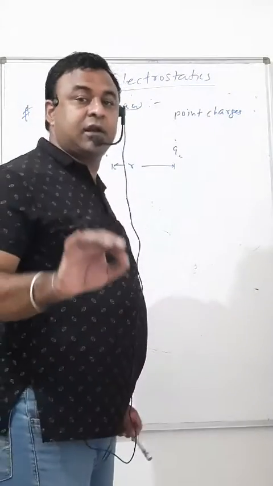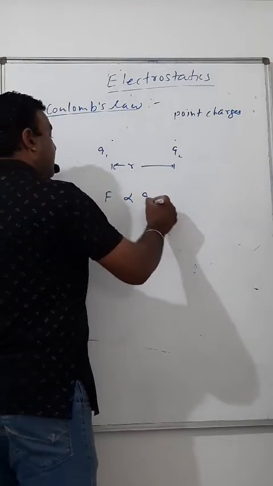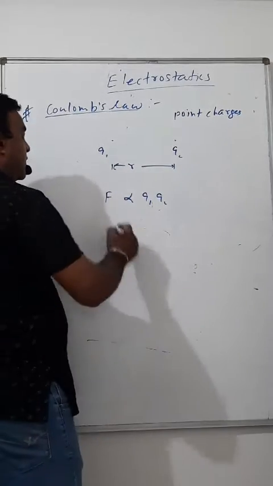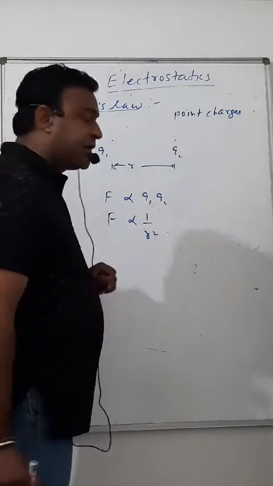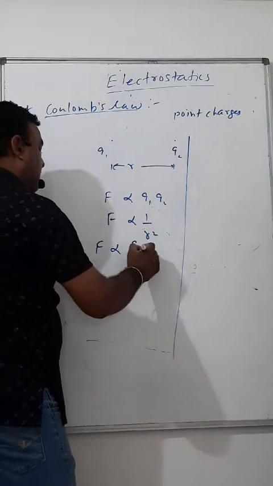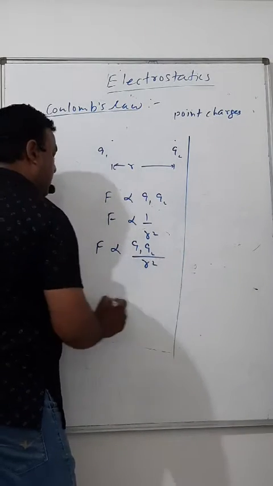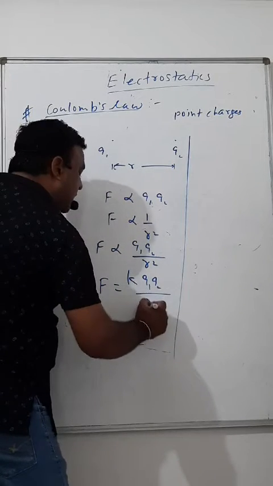It may be attraction, it may be repulsion. That is proportionate to the product of the charges, and proportionate to the inverse of the square of the distance. Collectively we make them q1 q2 by r square, and there is a constant k.